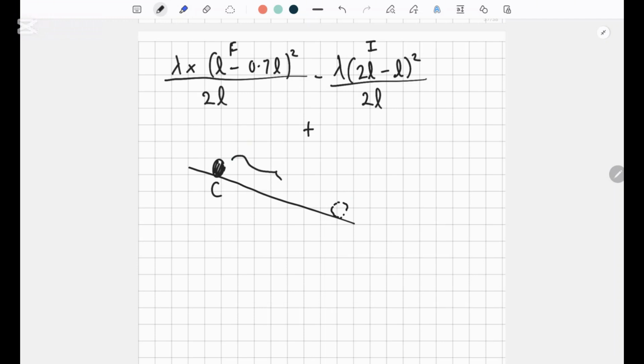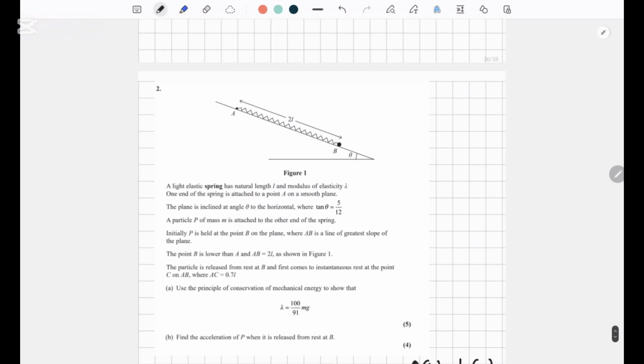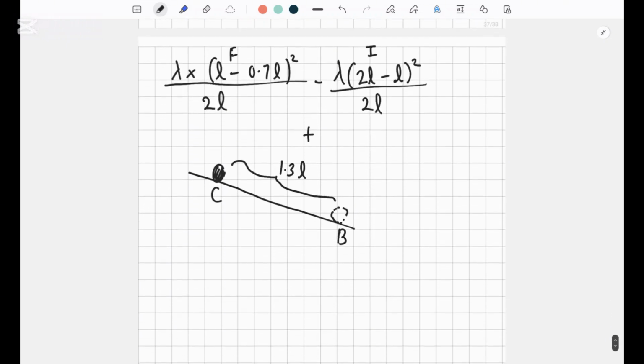So this distance is 2 minus 0.7, which is 1.3. And the angle is theta.